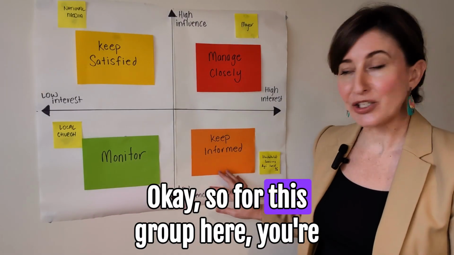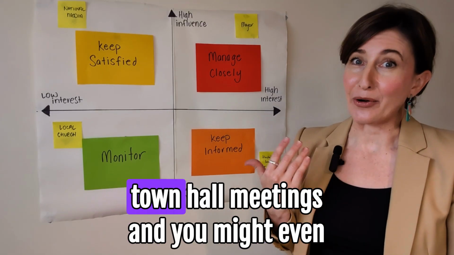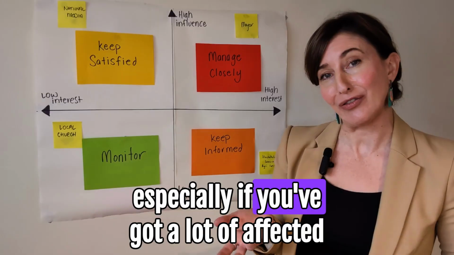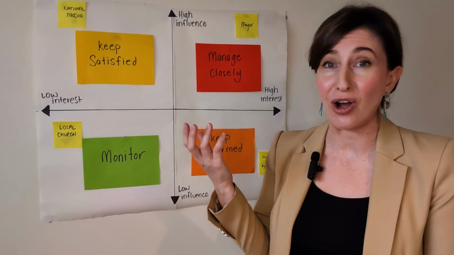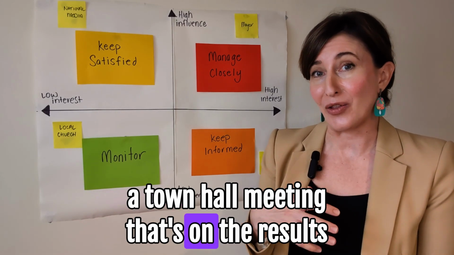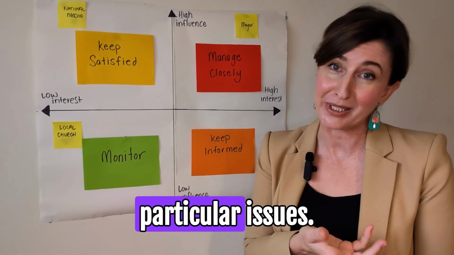Okay, so for this group here, your keep informed quadrant, things like town hall meetings, and you might even have thematic town hall meetings, especially if you've got a lot of affected people. So you might have a town hall meeting that's on compensation and resettlement, or you might have a town hall meeting that's on the results of the environmental impact assessment or environmental particular issues.